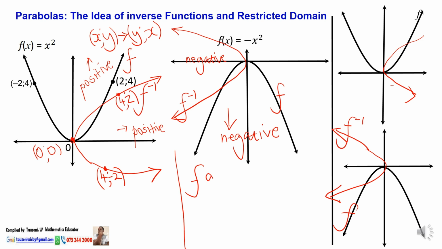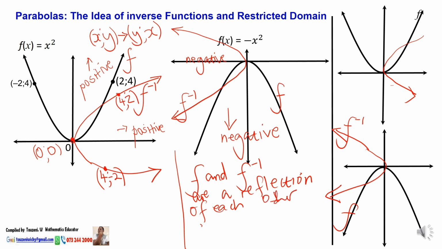So f and the inverse of f, these two are a reflection of each other about the line y is equal to x.